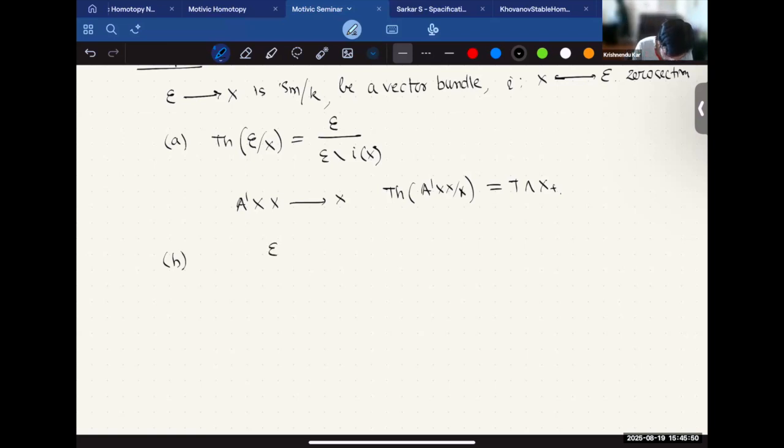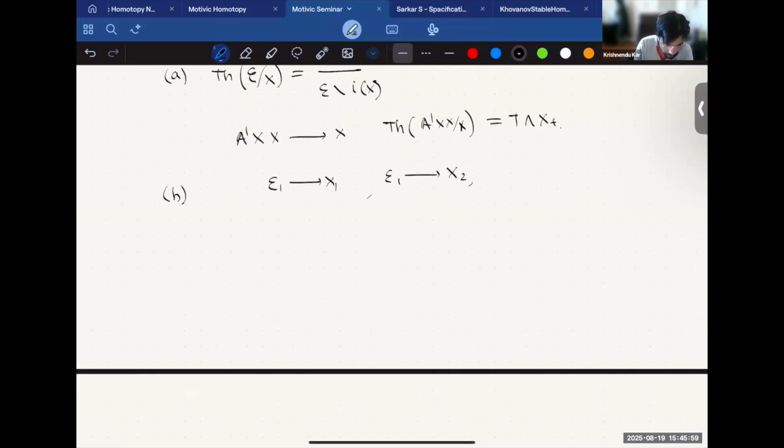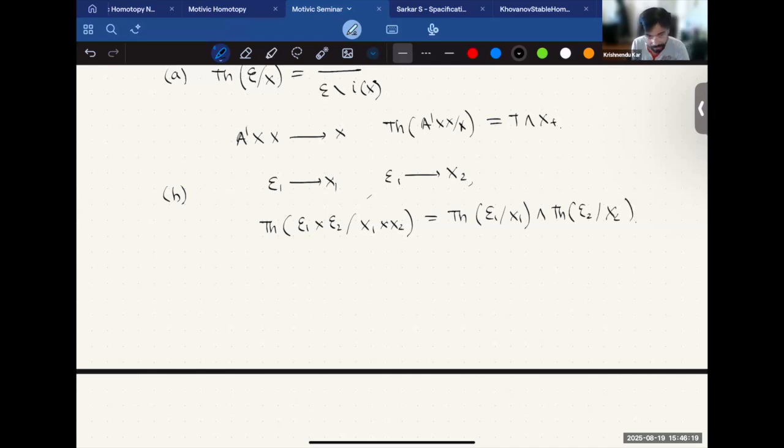So if I have two vector bundles, then the Thom space satisfies this relation.